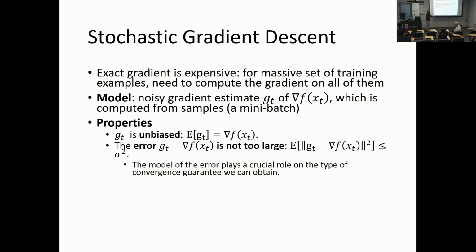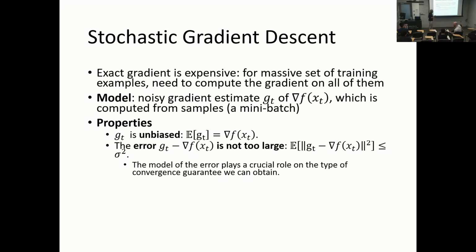The nice property of taking the sample like this is that it's unbiased. So the expectation of the estimate is the true gradient. And a lot of the time we just assume that the error, how much deviation the estimate has compared with the true gradient, is not too large.